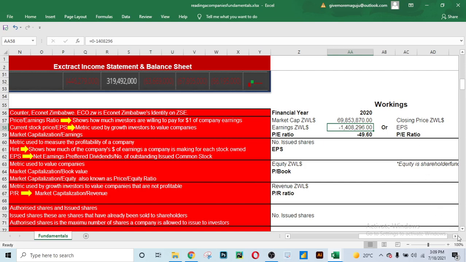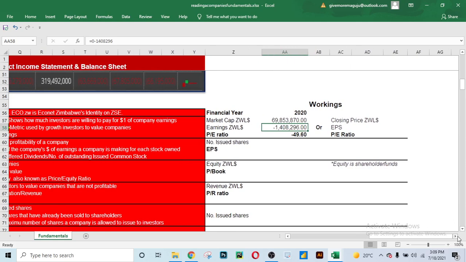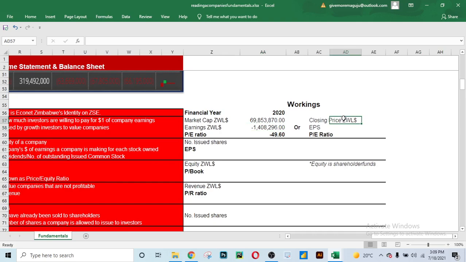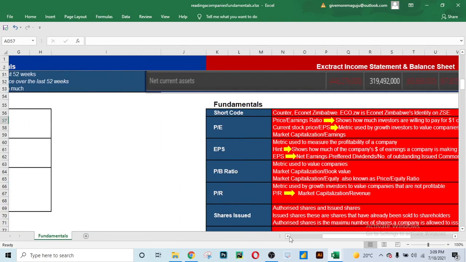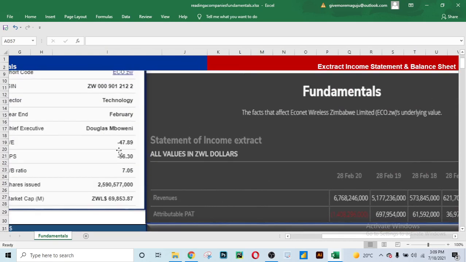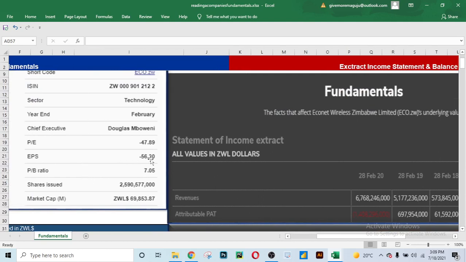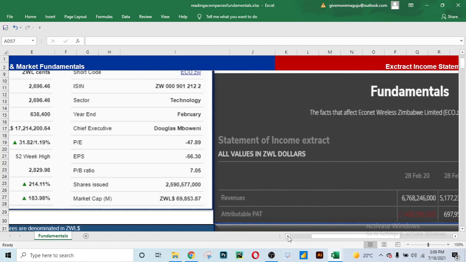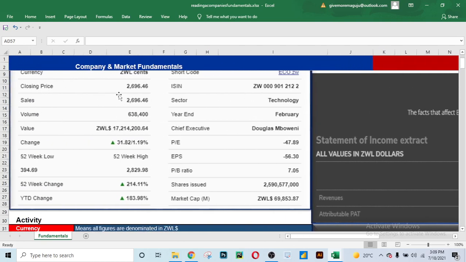The other formula, we say current stock price divided by earnings per share. Okay, so let's go back again here. Let's scroll up. Right, so we see that we've got negative earnings here, earnings per share, which is negative 56.30, and our closing price is 2696.46.